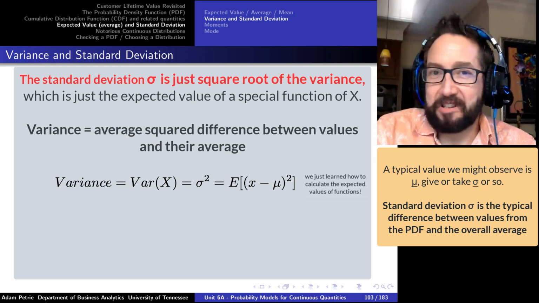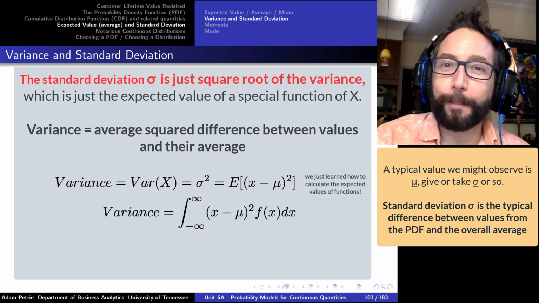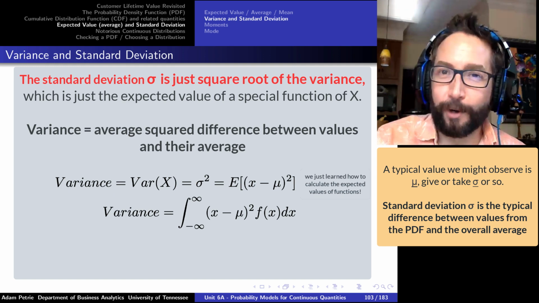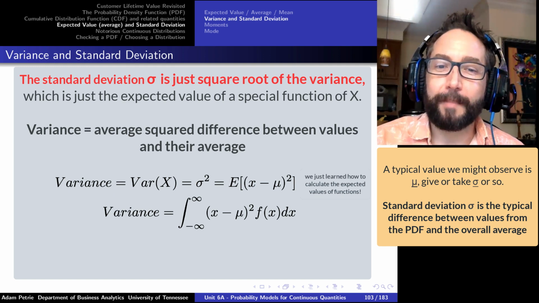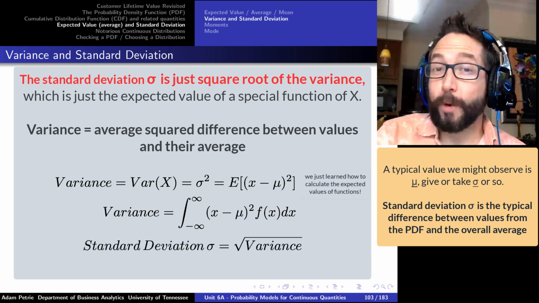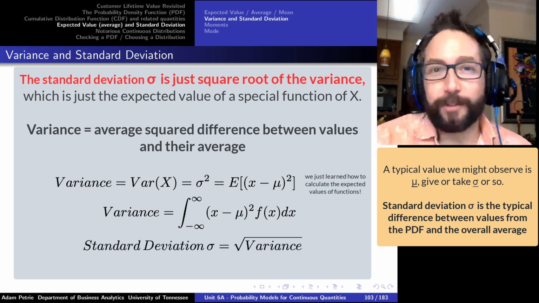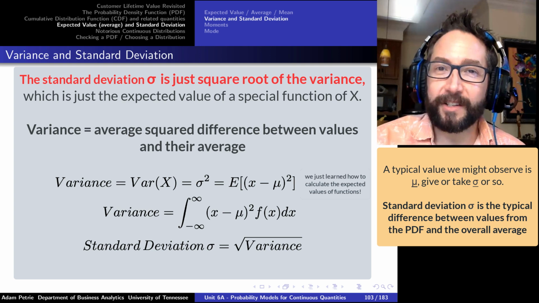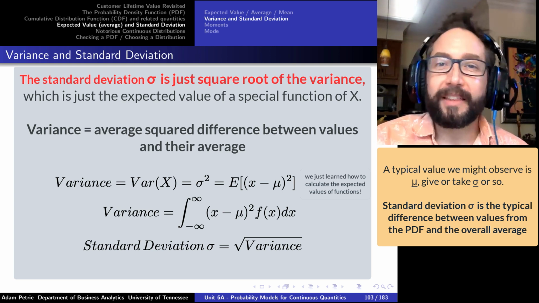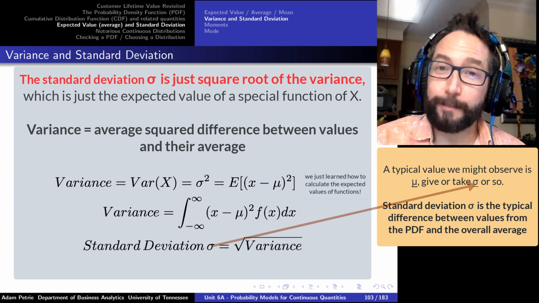So to get that, I just take (x minus mu) squared, multiply it by my formula, little f, my PDF, and then take the integral over the possible values of x that I might observe. And then the standard deviation, all I have to do is take the square root of that variance. My universal symbol for standard deviation in statistics is sigma, and that's really what I'm going to be after. That sigma gives me the give or take that's associated with that expected value.